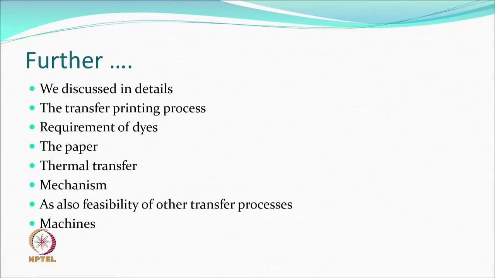Further, in the second part we had discussed transfer printing, which means majority of it is thermal transfer printing, because that is commercially successful, which requires a paper which is cellulose paper, which requires dyes which are dispersed dyes.